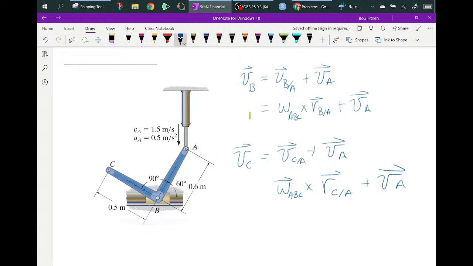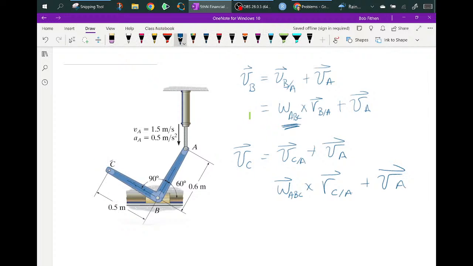That makes the problem quite interesting, because this is going to the right or the left, and that can help you define what omega ABC is. But you don't know that this is going a particular way.